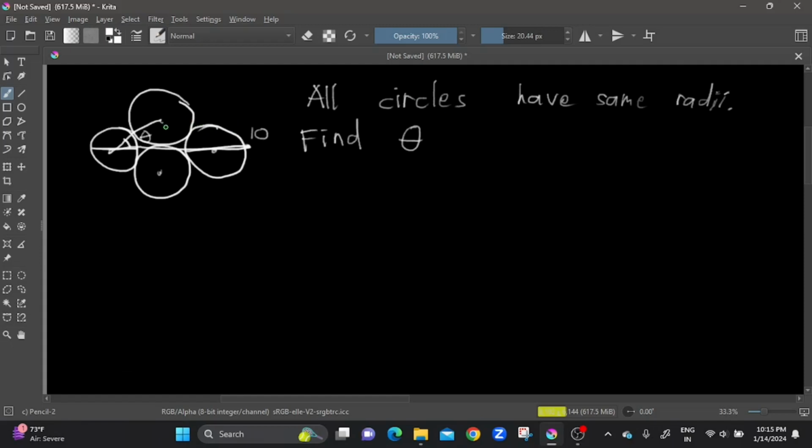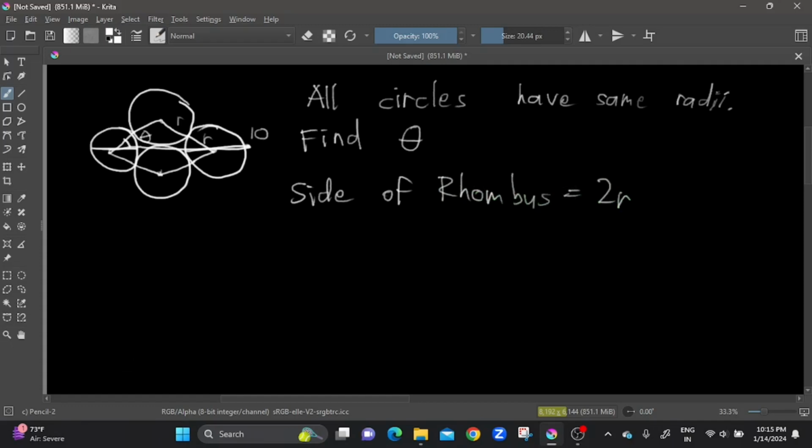And to do that, you're going to have to construct a rhombus out of this. So you're going to take this and connect this, take this and connect this, right? So this rhombus, since this is r and this is r as well, the side of the rhombus is of the length 2r, right?